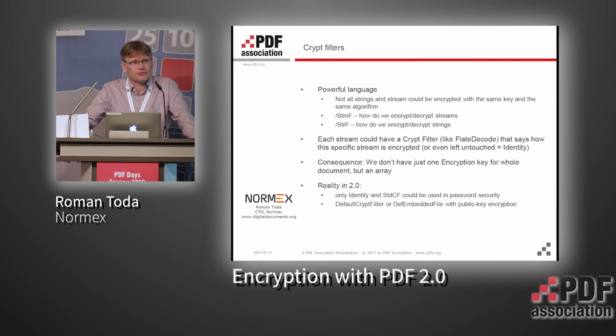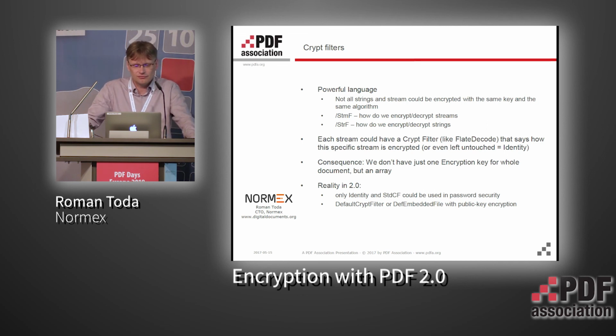Crypt filters can be defined on each stream. You can use a crypt filter like FlateDecode, for example. So you can say this stream will be encrypted with this specific crypt filter. That way, theoretically, you might get several different encryption keys used on different streams, right?